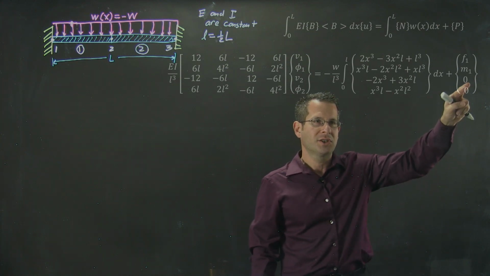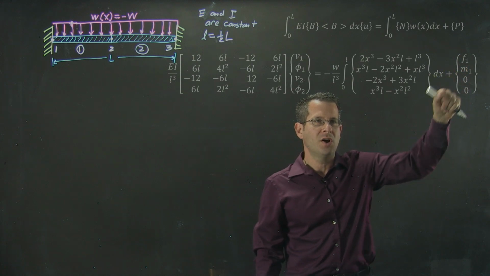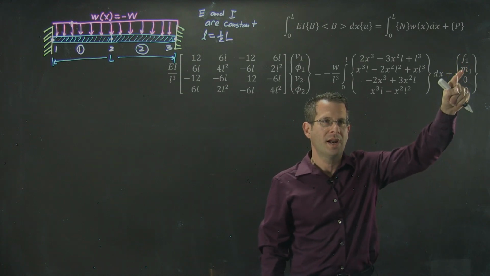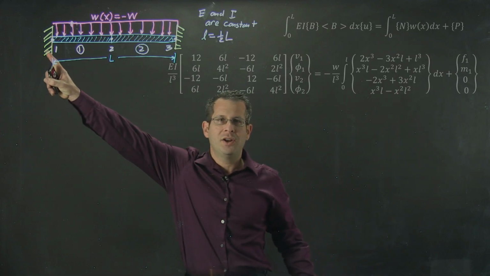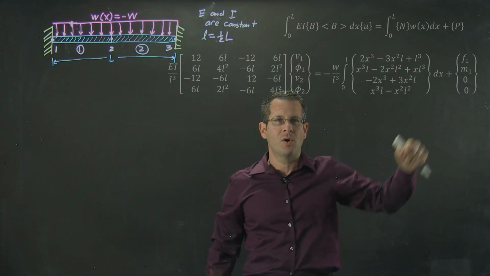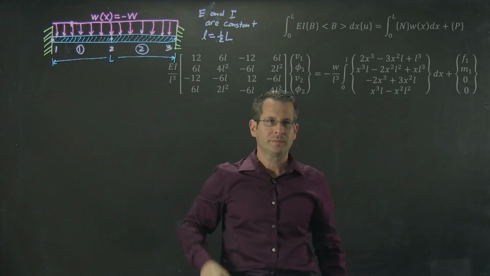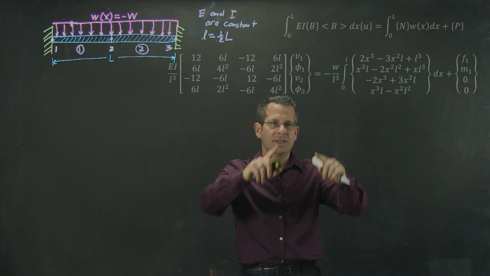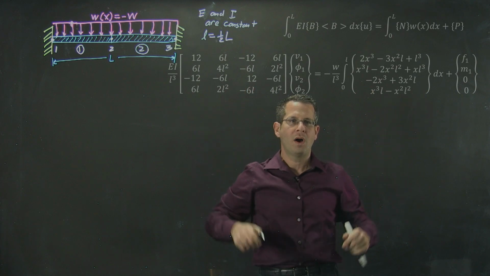I've also inserted my knowledge that while I don't know the force applied at node 1 and the moment applied at node 1, I do know that there's no point force or point moment applied at node 2. This is all for element number 1.